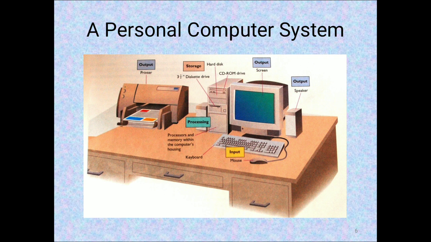Now if we are talking about a normal computer system, this image comes to our memory, where monitor, keyboard, mouse, UPS, printer, speaker, and CPU are there. You can see in the picture all these components or parts of a computer system on the desk.